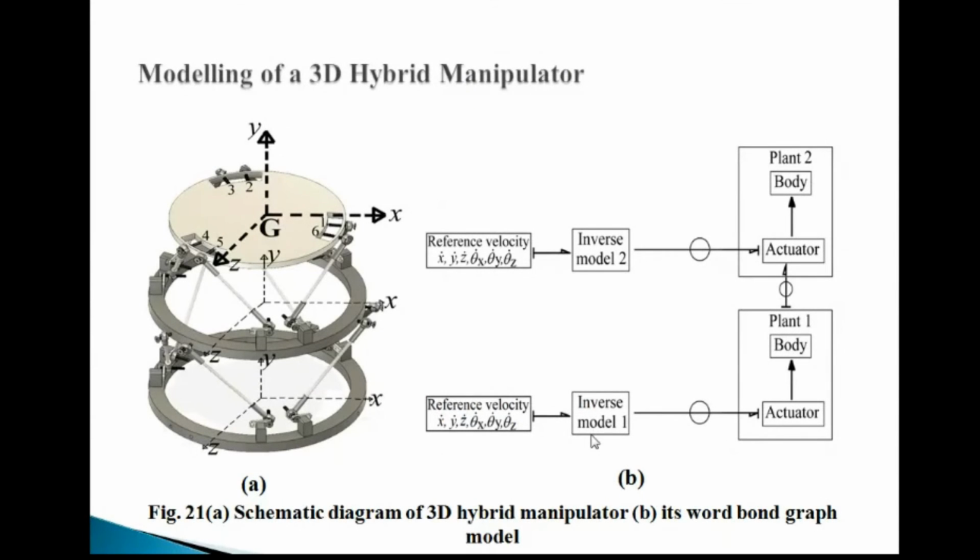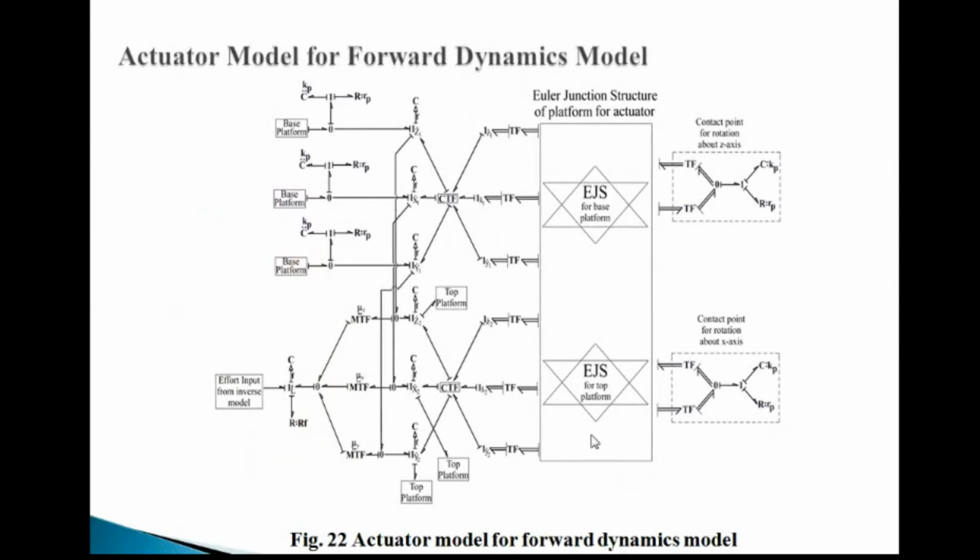So the next purpose is to make this planar manipulator a 3D manipulator so that it becomes a 3-dimensional hybrid manipulator. Now till now we have considered only X and Y direction, but now I will consider the Z direction also. And we have already seen that for a good representation of the dynamics, we require a forward dynamics model as well as an inverse dynamics model.